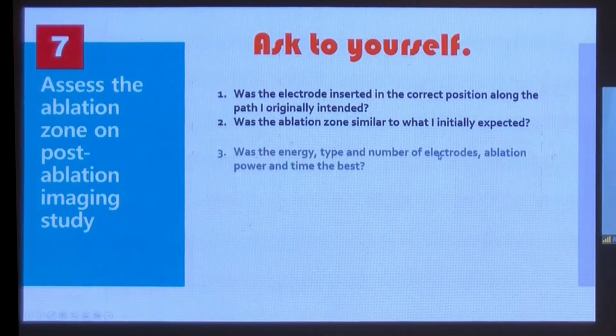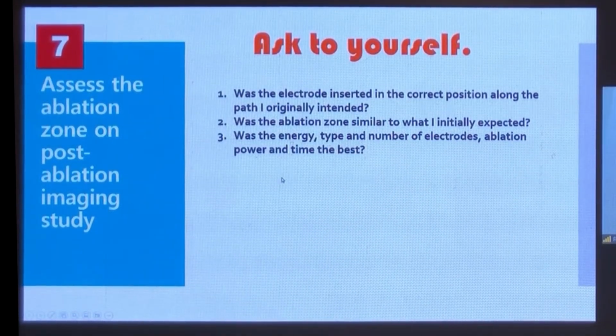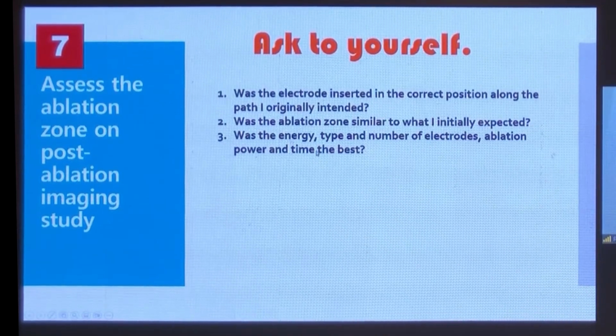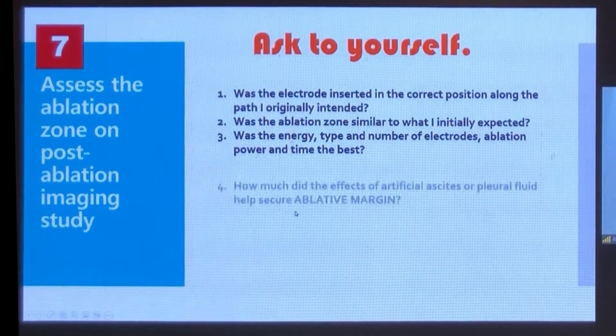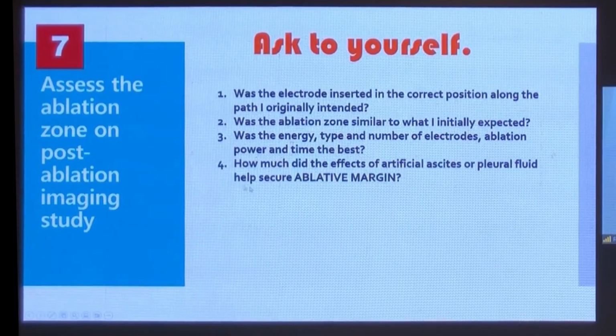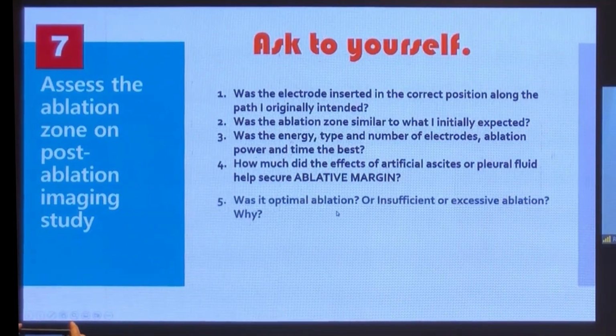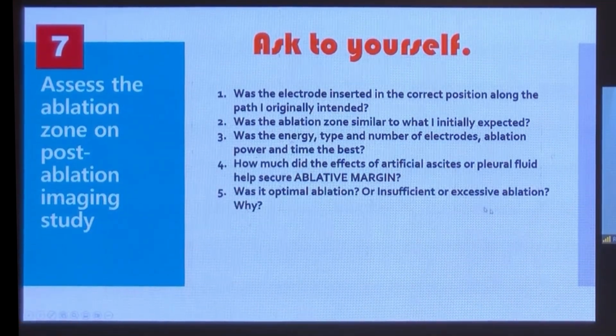Third, were the energy, type, and number of electrodes, ablation power, and time appropriate? Fourth, how much did the effect of artificial ascites secure the ablative margin? Fifth, was it optimal ablation or insufficient or excessive ablation? Why?